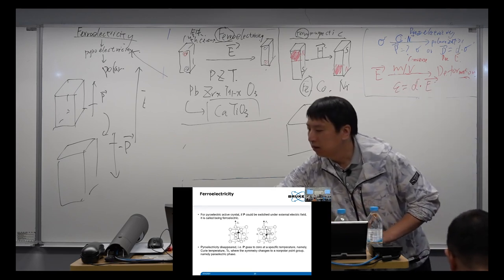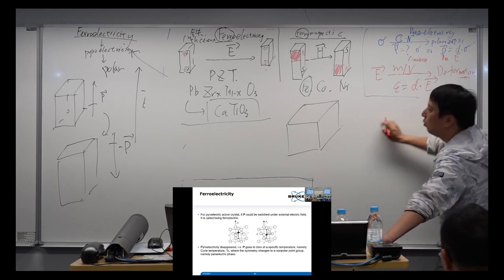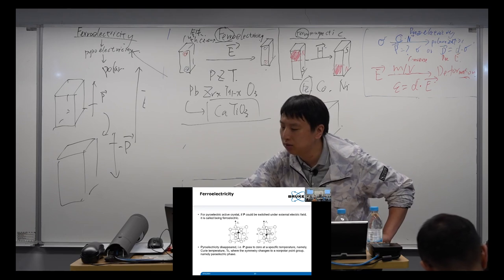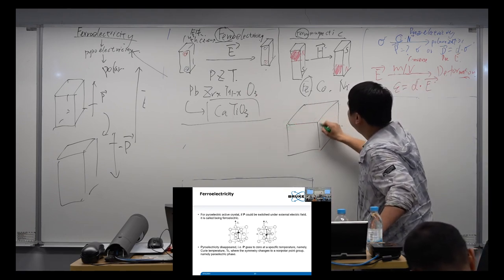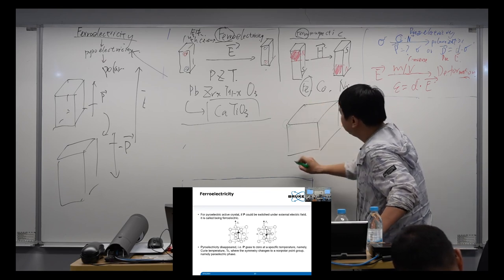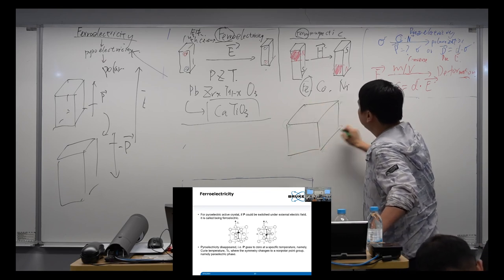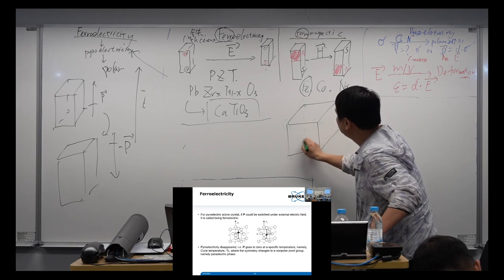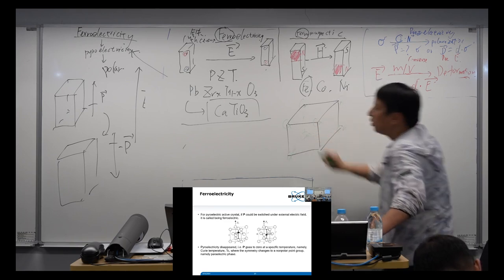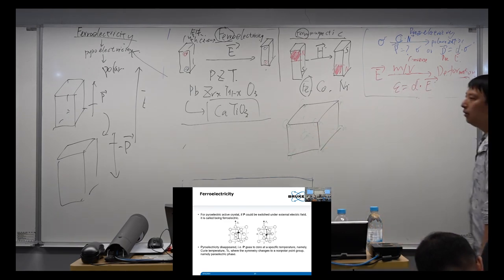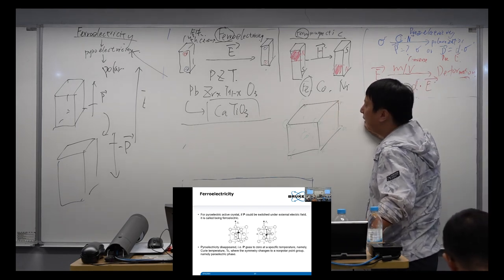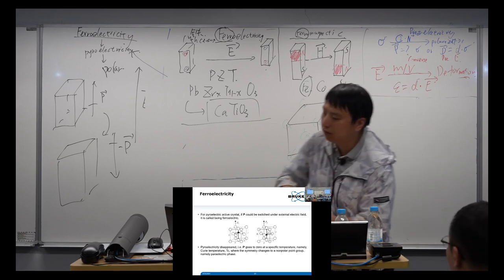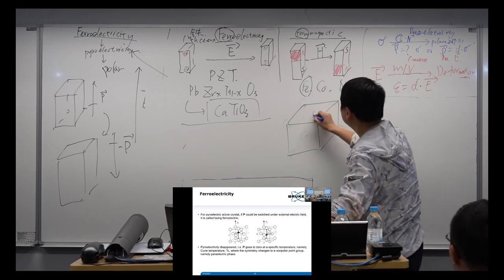On the corner of the cube, I use the green, we have the calcium. And on every face of this cube, we have oxygen.